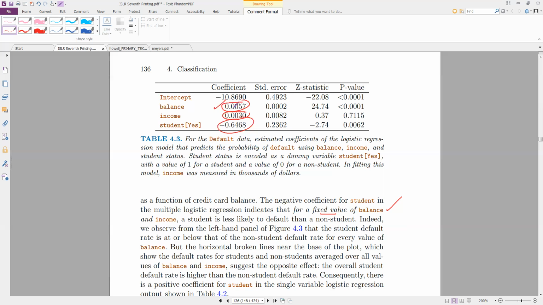The logit is expected to change by this much because that's the coefficient for balance. So on for income, and so on for student. For the student one, it's coded yes here, so this is the change from 0 to 1, holding this information constant.